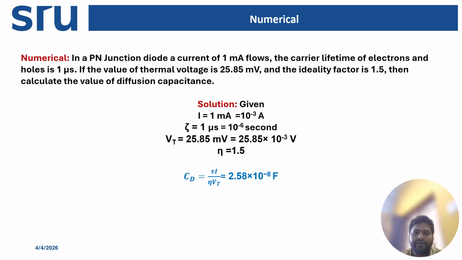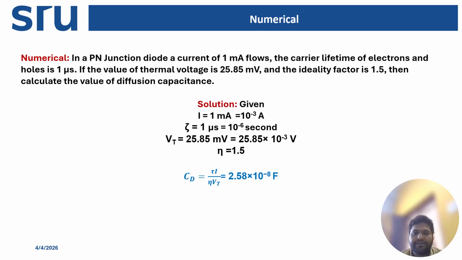So from the given data, I is given as 1 milliampere, so we convert milli to ampere by multiplying by 10 to the power minus 3. Tau is the lifetime in microseconds, so 10 to the power minus 6.